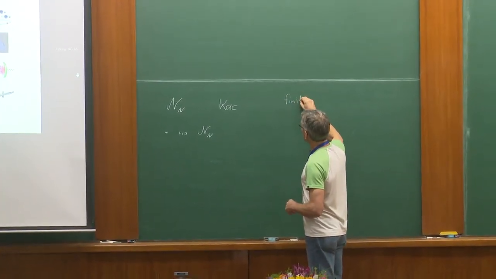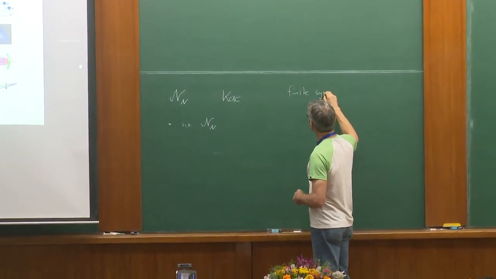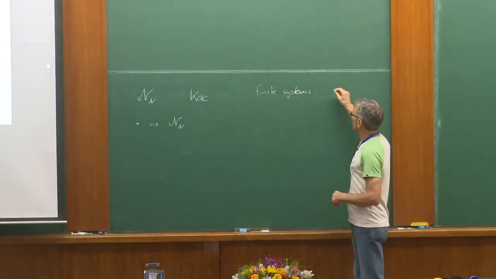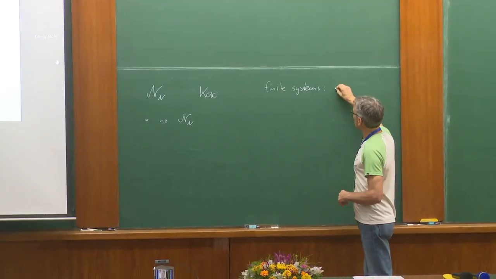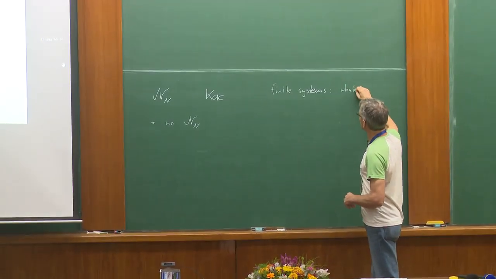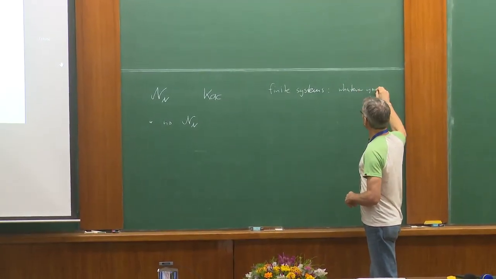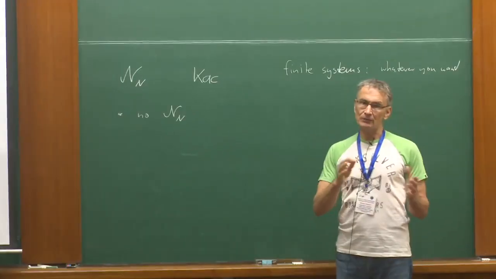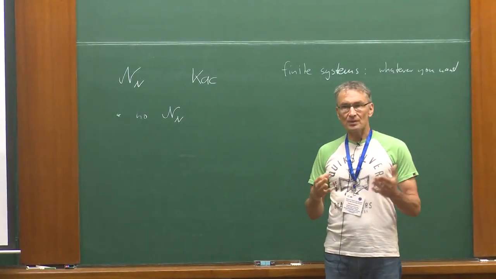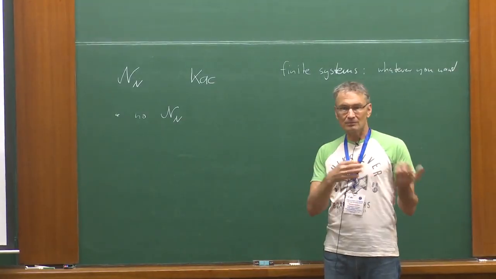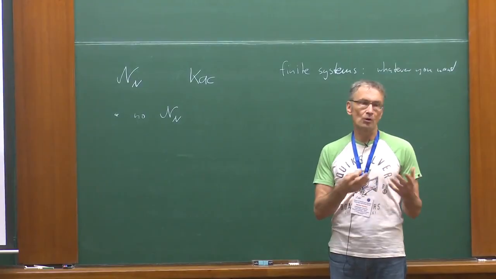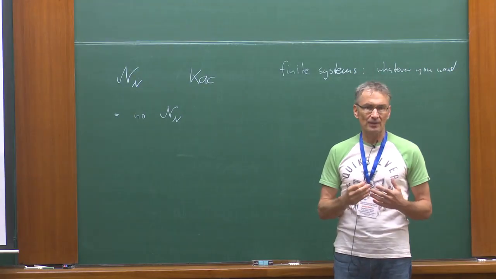Whenever I stay with finite systems, my main message was: you do whatever you want. Meaning, you can introduce this prefactor, you can leave it out. There will be no substantial difference. You can rescale between results that you obtain. You do whatever seems more convenient or makes closer connection with existing literature.